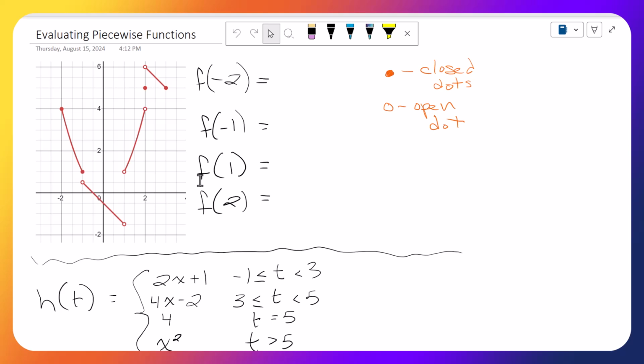Evaluating a graph, still pretty straightforward. We have our input of -2. We're looking for where is our input, -2, what is our y value, what is our output value at -2, and in this case it's 4. Our output is 4.